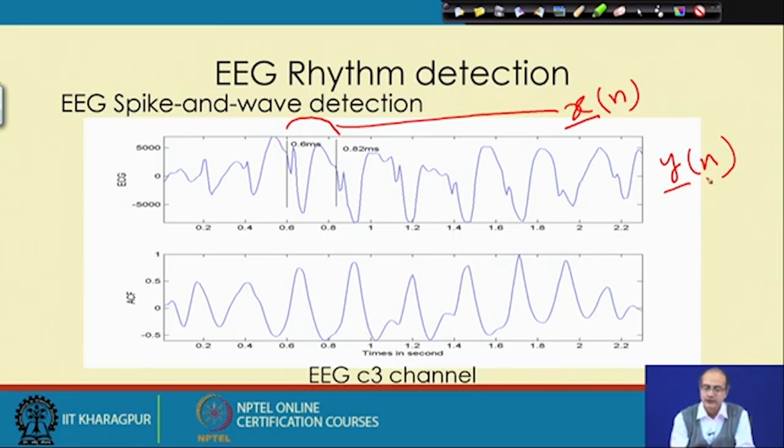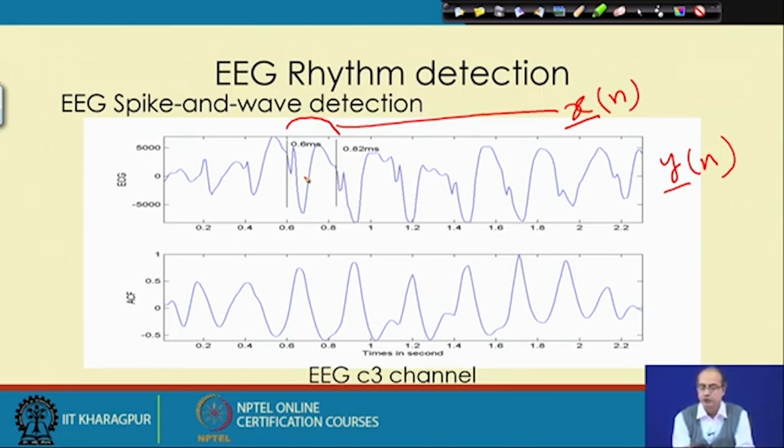When we take the correlation at different lags, we get distinct peaks, and that suggests very clearly that our spike and wave waveform is repeated.